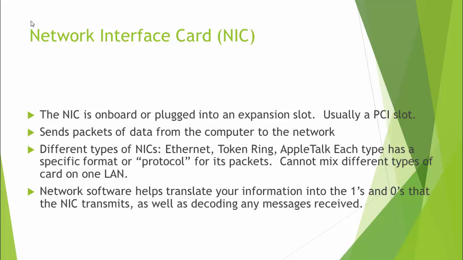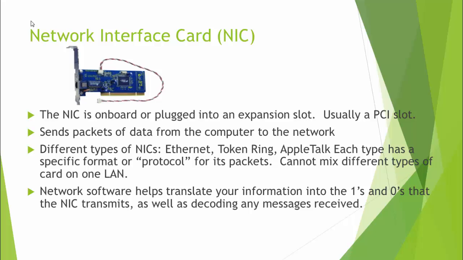Now, what kind of hardware do we have that establishes these kinds of things? Well, let's start with the computer itself. It needs to have a network interface card. Desktops tend to have little devices like this plugged into an expansion slot, usually a PCI or PCI Express slot. And this will send packets of data from the computer to the network through an Ethernet cable.